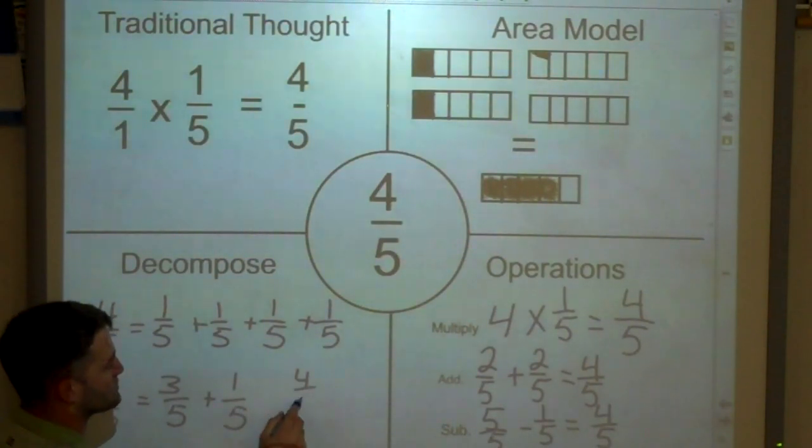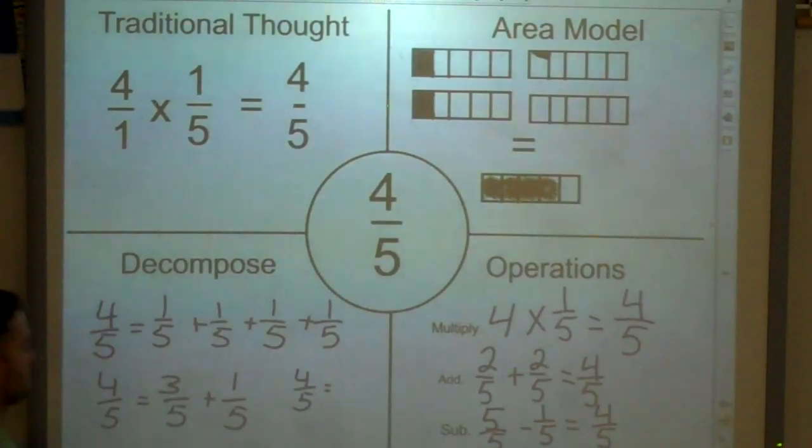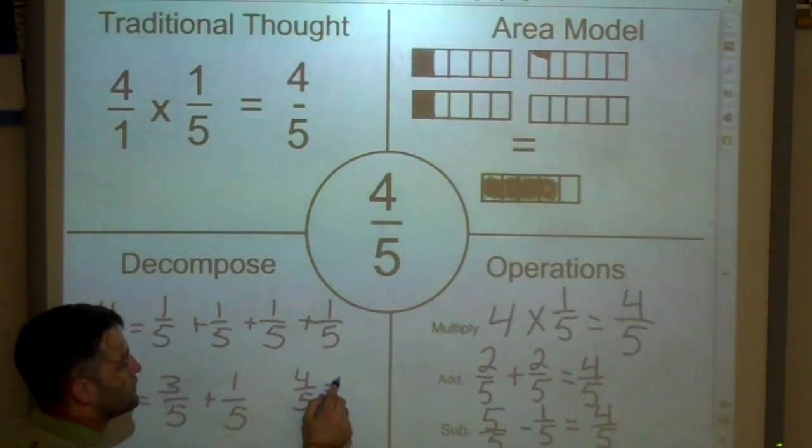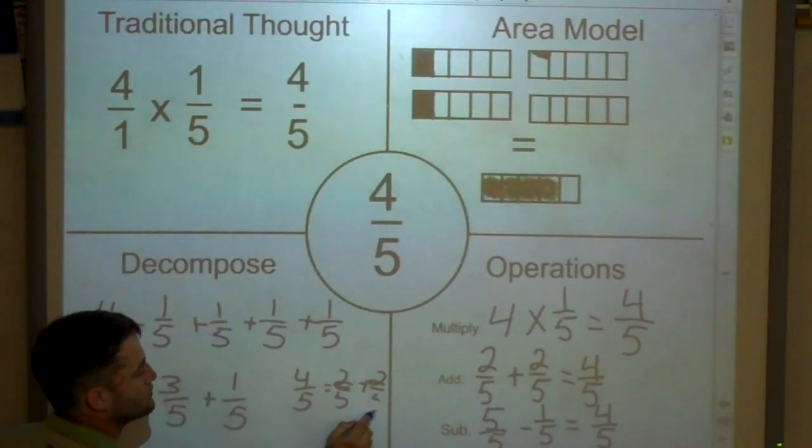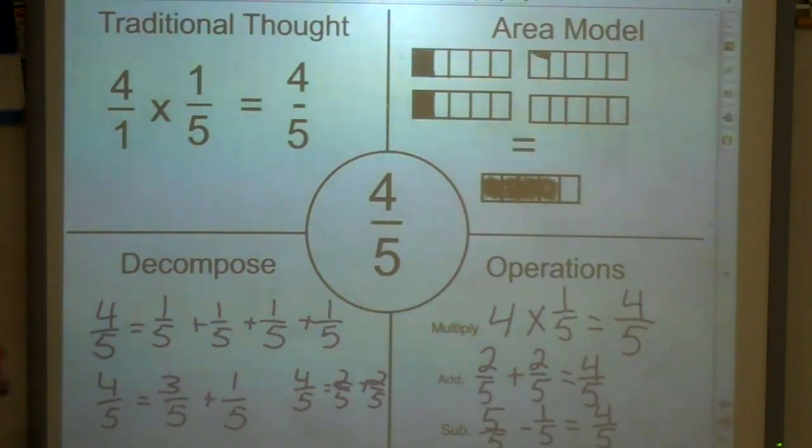I could decompose it as 2/5 plus 2/5. And that's decomposing. All of these are strategies that we learned in Lesson 8 and Lesson 9. And we're going to apply those and add more to it in Lesson number 10.